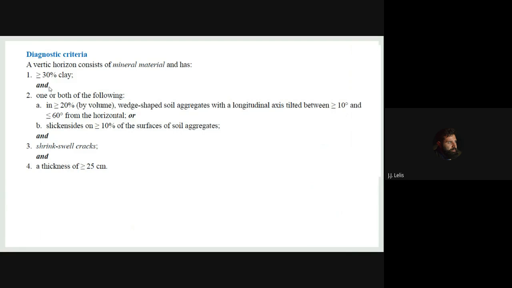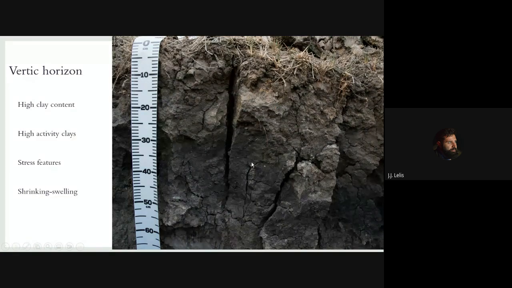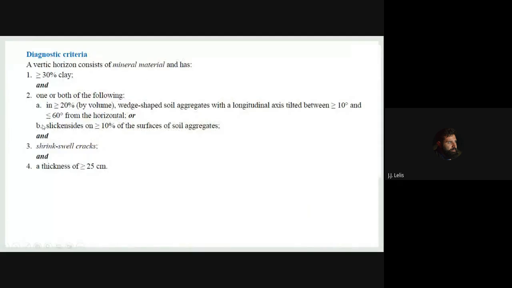We can't see a vertic horizon with a clay content lower than that, because it's a clayey horizon. And it should possess a high volume of wedge-shaped aggregates like this one, or slickensides on a high number of surfaces in the soil aggregates.